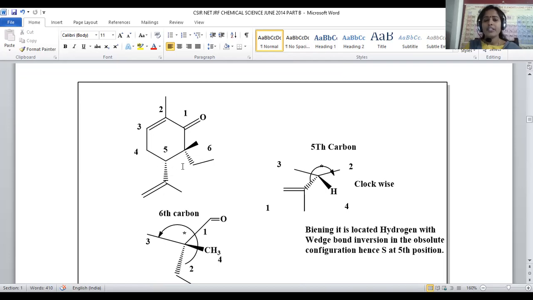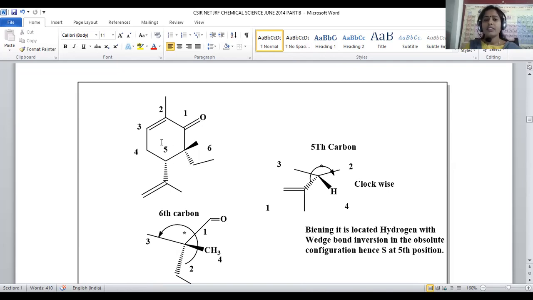And where can you find the stereogenic center? Where is the chirality? Chirality is nothing but wherever 4 different groups are present. Let us consider carbon number 5. When carbon number 5 is considered, this is one alkyl group with a double bond, and this is another long-chain alkyl group with a methyl and ethyl functional group at the second position, and this is another carbon with the isopropyl functional group, and one more hydrogen will be present on this.